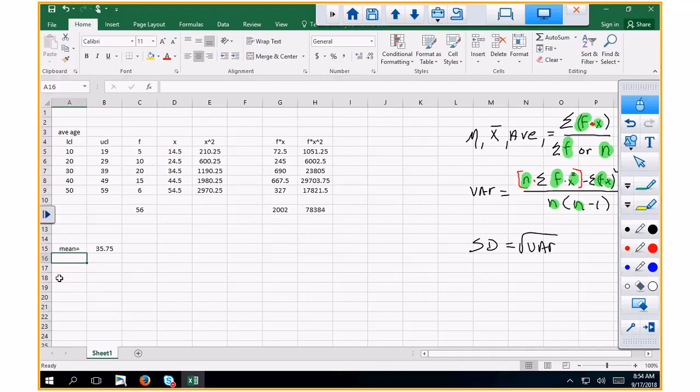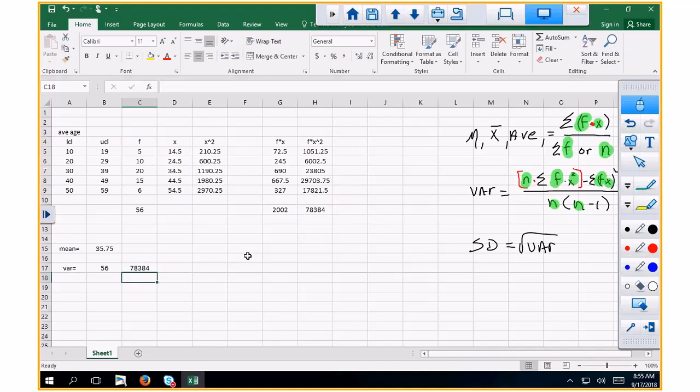All right, next, variance. We're going to take N, that number, and multiply it by the summation of F times X squared, that number right there.